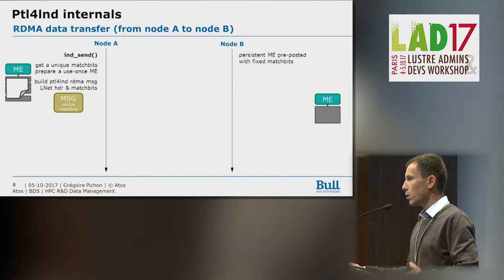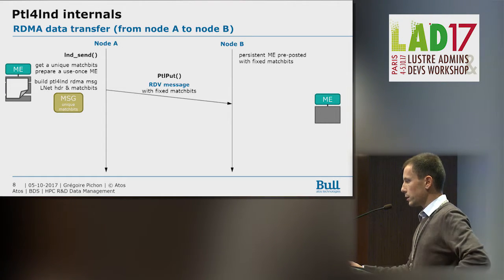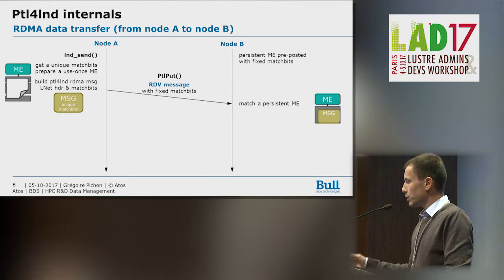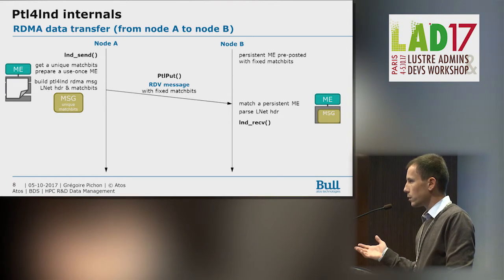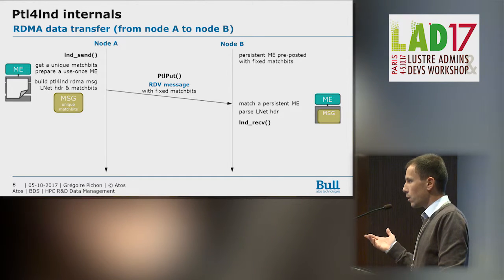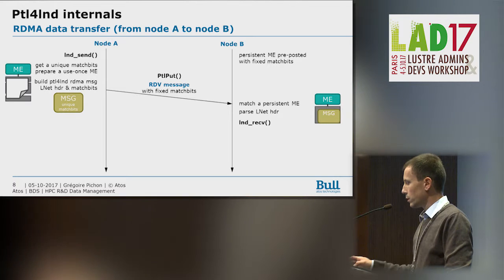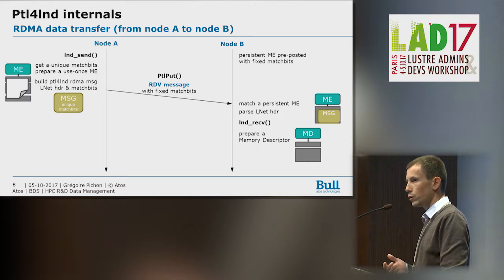Then it builds an immediate message to node B, including the LNet header and also the unique match bit. This is sent as a rendezvous message to node B, which is matched into the persistent match entry. Then LNet parses that header, identifies the memory region for the destination, and calls back LND receive. That allows preparing a memory descriptor on the node B side.